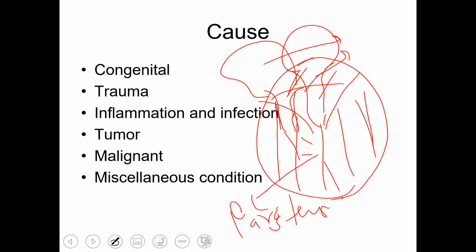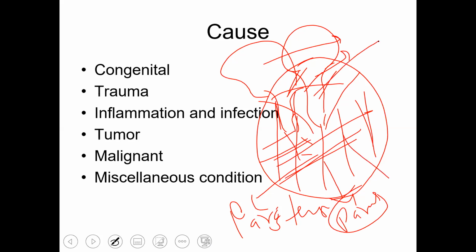But the pars tensa is stout, more tense, and hence called pars tensa, and has three layers: trimeric, the outer epithelial, the middle fibrous layer, and the medial-most mucosal layer. So pars tensa, pars flaccida, and this is called the cone of light.